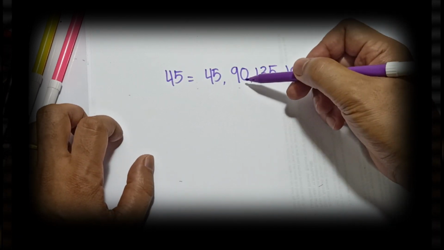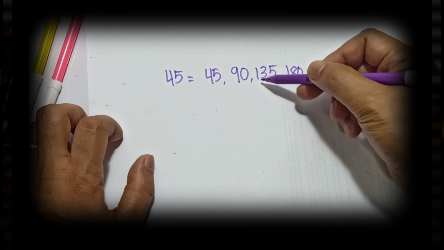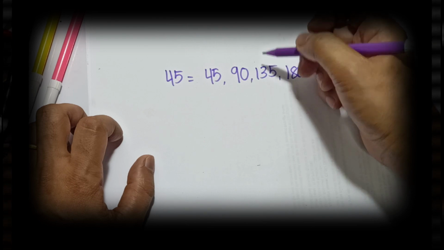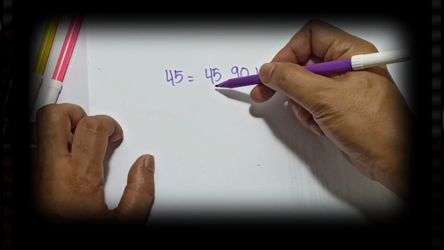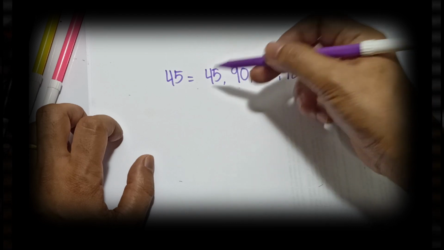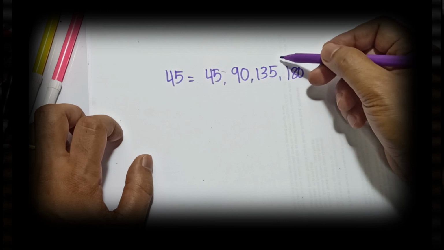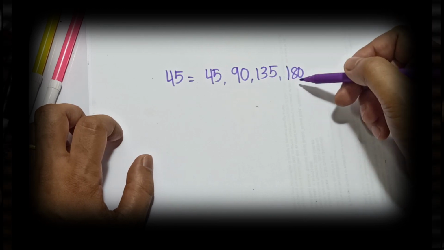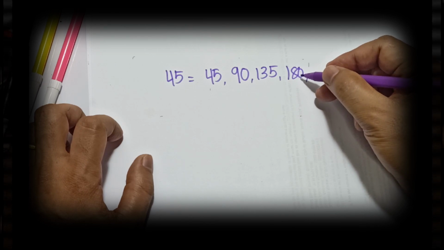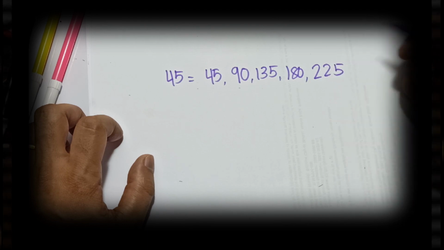So how did I get 90, 135 and 180? When you divide 90 by 45, you will get 2, right? When you divide 135 by 45, you will get 3. Or when you add 45 and 45, you will get 90, and then 90 plus 45 is 135, and then 135 plus 45 is 180, and then 180 plus 45 is 225.